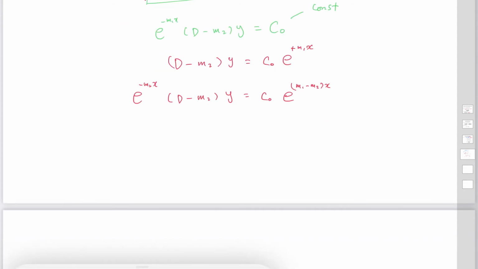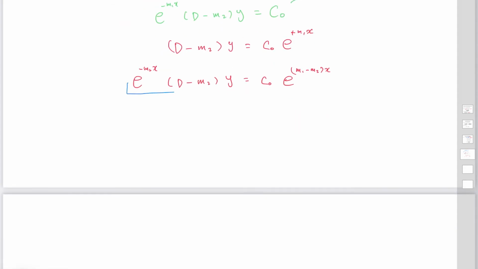Again, we can switch the terms of capital D and the exponential function, combining the two terms into a single term. This is D[e^(minus m2 x) y] equals c0 e^((m1 minus m2) x).